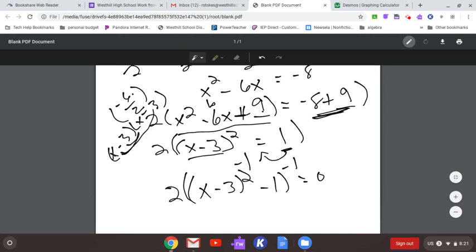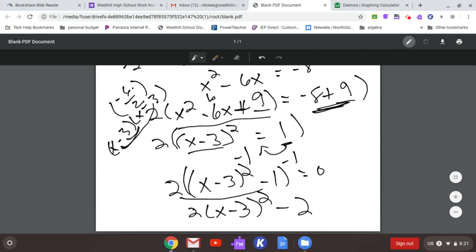The reason that becomes a negative 2 is because they multiplied it out just to get rid of that one parenthesis, so 2 and negative 1 gives you negative 2. That's how we know this is our x value, and our x value would be 3 because it's opposite. It's a negative here, so it'd be positive. Then this is our y, and that's our x. So it'd be 3, negative 2.